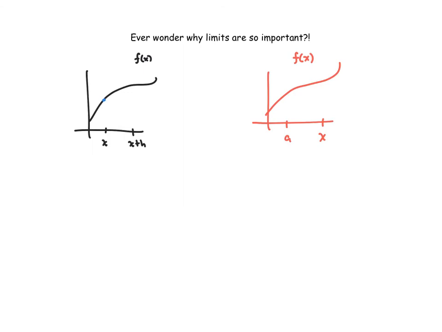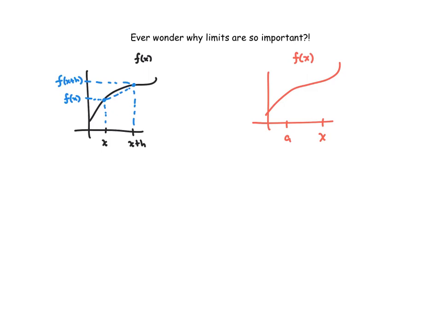Okay, so let's say I wanted to find the slope of the secant line from there to there. Well, slope is pretty easy to work with, right? So if this is x, then this would be f of x. And if this is x plus h, this would be f of x plus h.